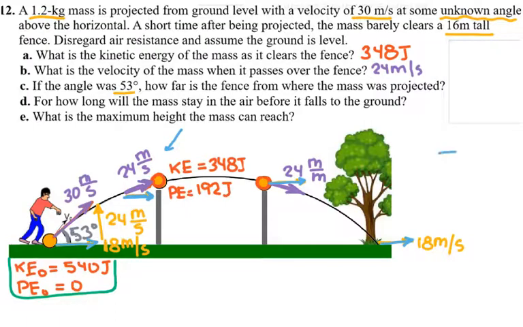The velocity over the fence is 18 horizontally, and the total velocity is 24. You can use the Pythagorean theorem to figure out this velocity: 24 squared minus 18 squared, and then the square root of that.